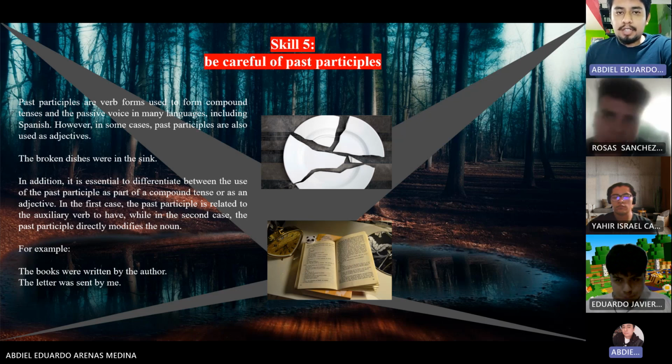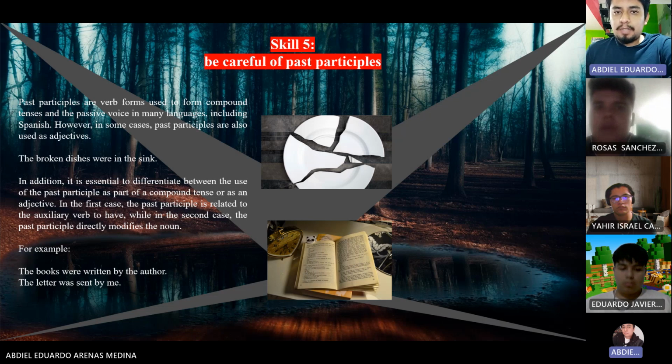The broken dishes were in the sink: the past participle as an adjective. It is essential to differentiate when you use the past participle as part of the compound tense or as an adjective.